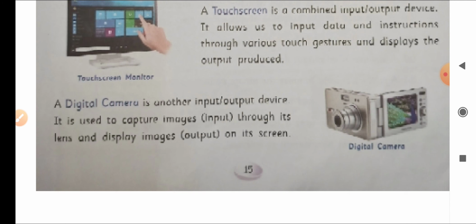Digital camera is a multifunction device which allows you to click images by the use of a lens, and at the same time you can see the images on its screen, isn't it? So it does both the work, input as well as output. So this is called a multifunction device.